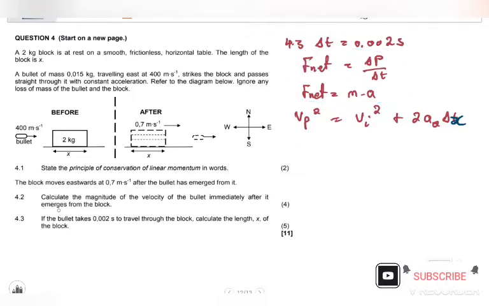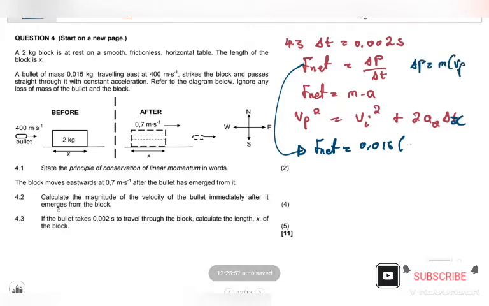F net is equal to the change in momentum, which is the mass of the object, 0.015, times v final minus v initial. Remember that the change in momentum is given by the mass times (v final minus v initial).